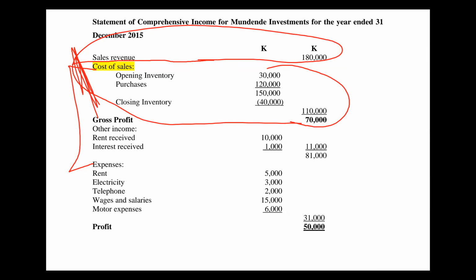So you add the opening inventory, and then you remove the closing inventory, because we are just concerned with what has occurred within that period.